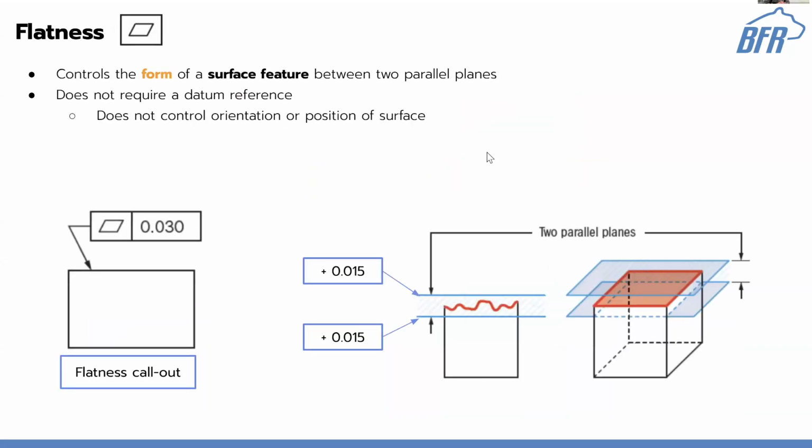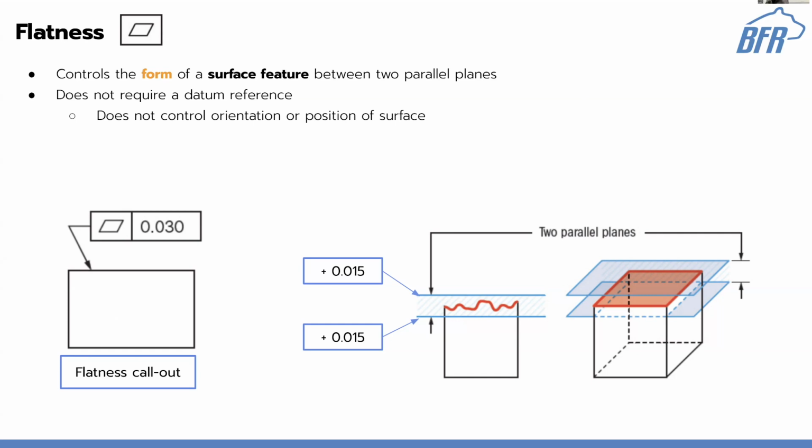So first one is flatness. Like I said, you can even have no datum on it. This controls the form of a surface feature between two parallel planes. You'll see this pop up a lot in what GD&T is actually referring to: you have your nominal, the ideal surface of the part.